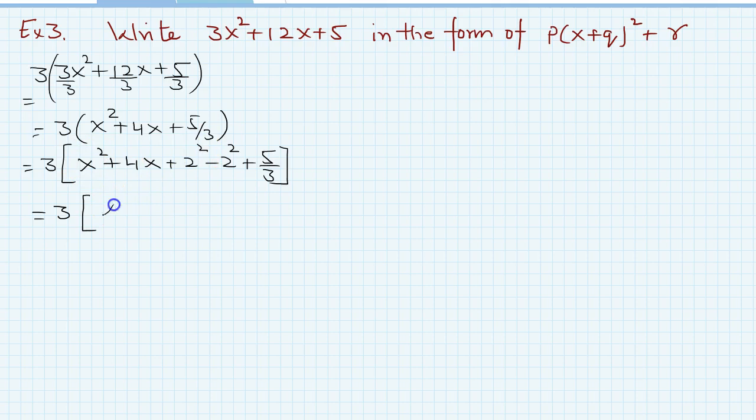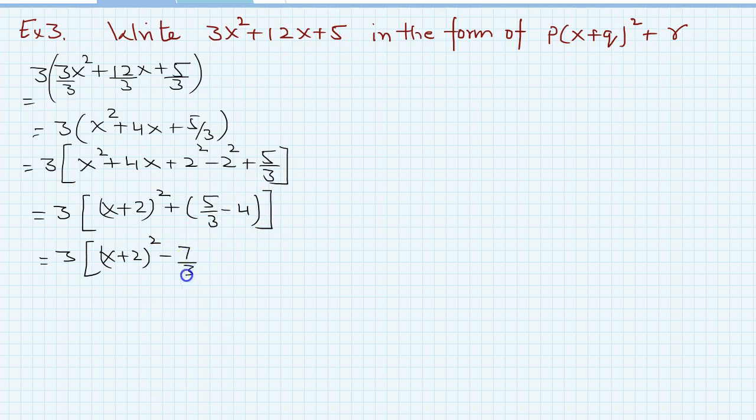So that is equal to 3. Now this one can be written as (x plus 2) square, and this is plus 5 over 3 minus 4. So this is equal to 3 (x plus 2) square plus, this is 4 times 3 is 12 minus 5, so minus 7 over 3.